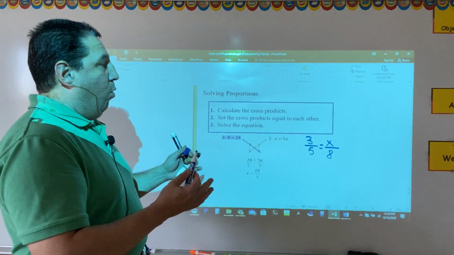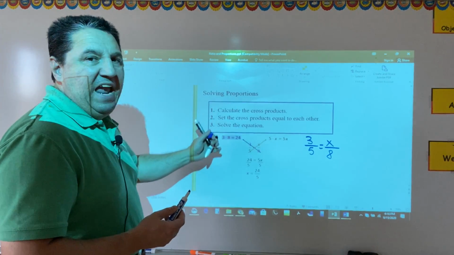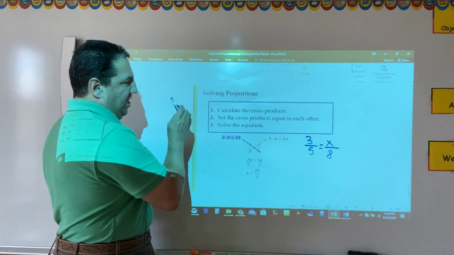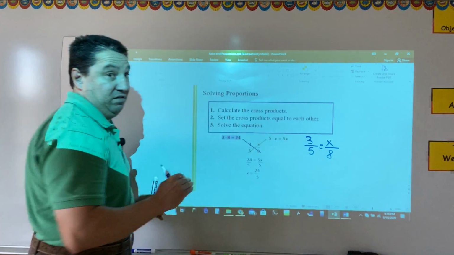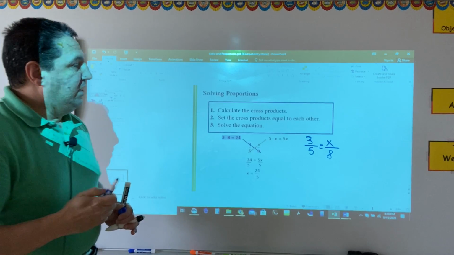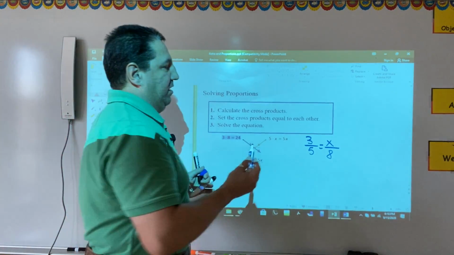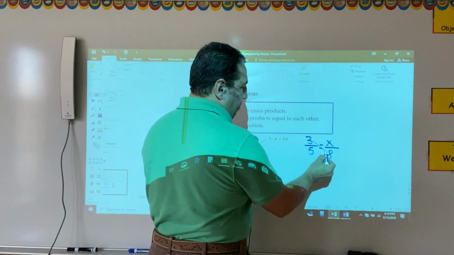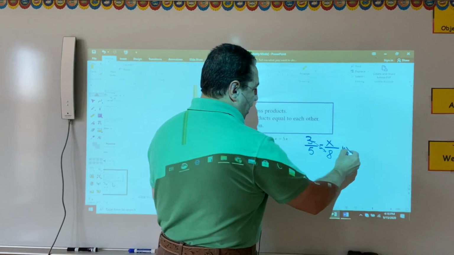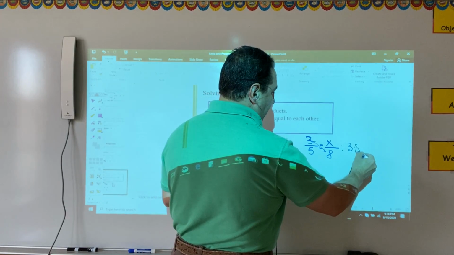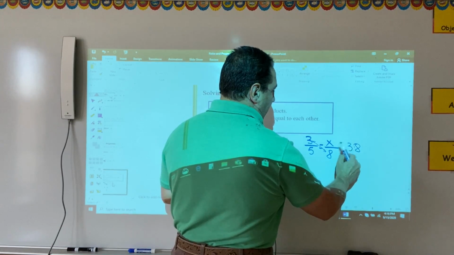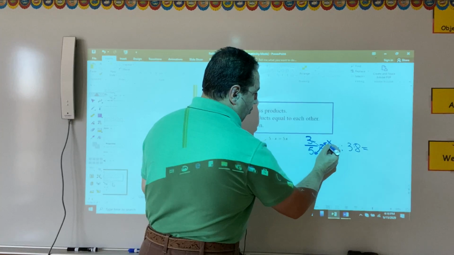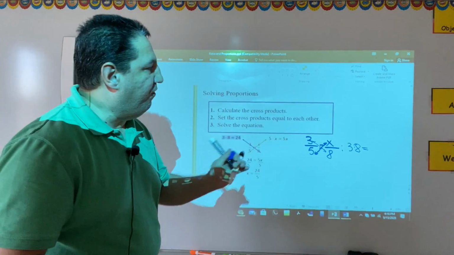These are the main steps we should follow to solve a proportion. First, we calculate the cross product. So what is the cross product? We multiply numbers diagonally. We multiply 3 by 8, so you get 3 times 8, then equals, and then we multiply the other two numbers, 5 times x.